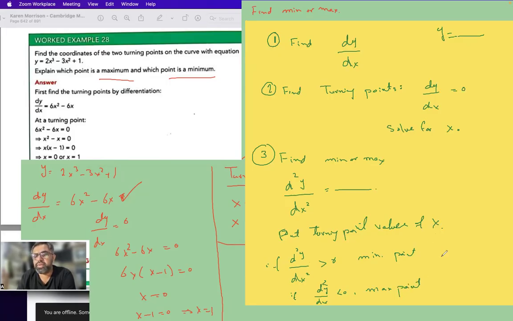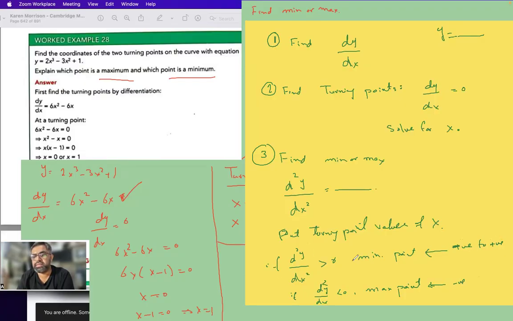Min point means the slope is changing from negative to positive, so it's a valley. First it's negative, becoming zero, and then positive.